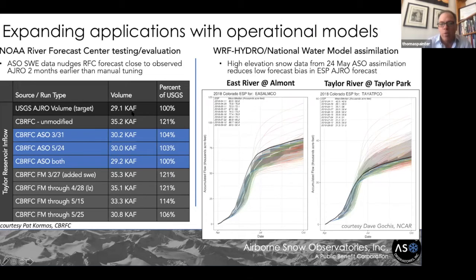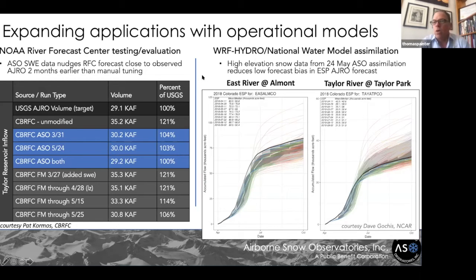The volume here was 29.1 thousand acre feet for the April through July runoff. Their unmodified forecast, they were off by about 21%. And then with these offline modeling efforts with ASO, with a March update and a May update, it brought that forecast into the 4 to 3% uncertainty. And actually, if they used both of those, it brought it to nearly spot on.